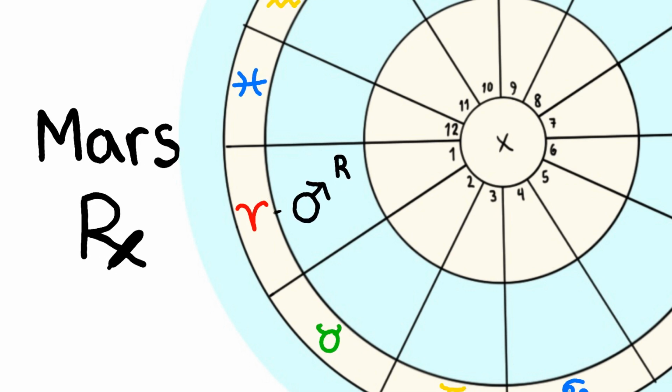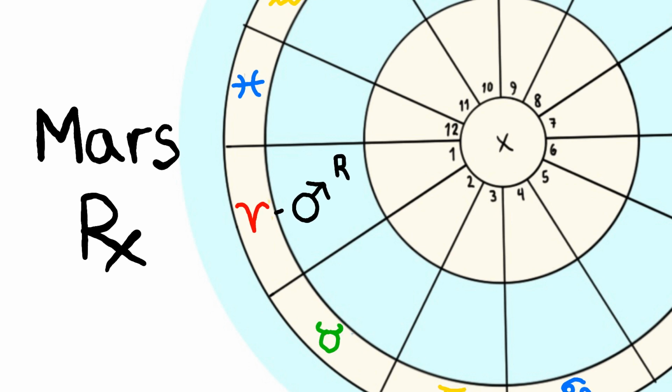Those that have Mars retrograde have a tendency to be indecisive and indirect, and sometimes leave issues unresolved, especially those regarding conflict or confrontation. Mars can also be about anger, and when a planet is retrograde, this is about unexpressed things. So Mars retrograde can show a tendency to not express anger or conflict.